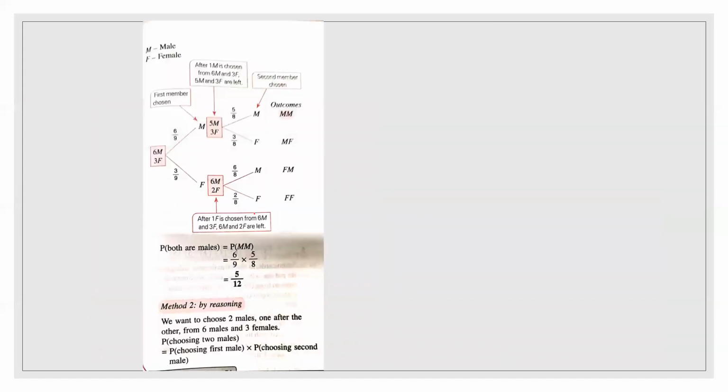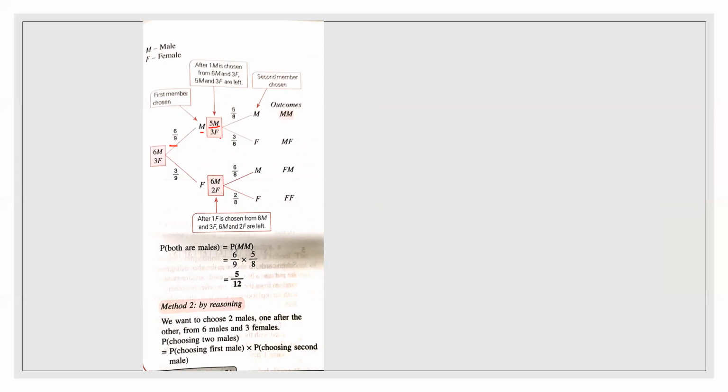If you take a male, the first member is chosen. At first you have 6 male and 3 females. If you take one male out, then you are left with 5 male.